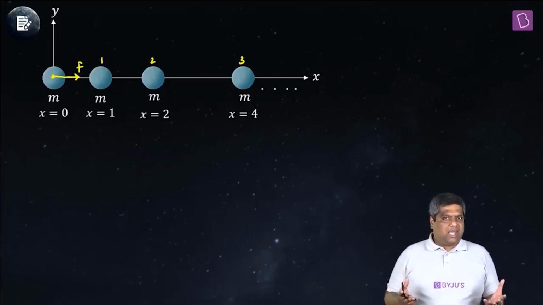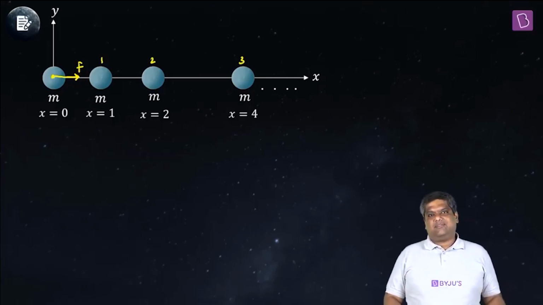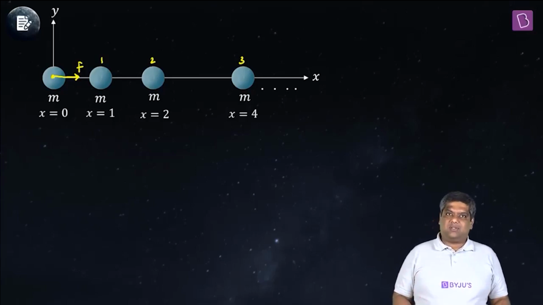So it becomes a one-dimensional problem. We don't have to use the vector notation here. We can handle right as positive, left as negative, and all the forces are to the right, so you don't have to worry about plus or minus.